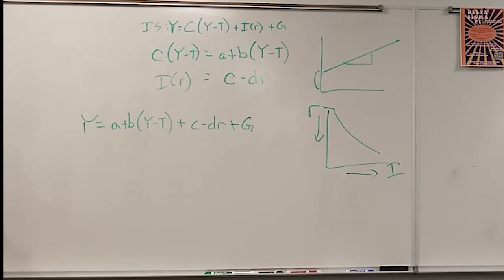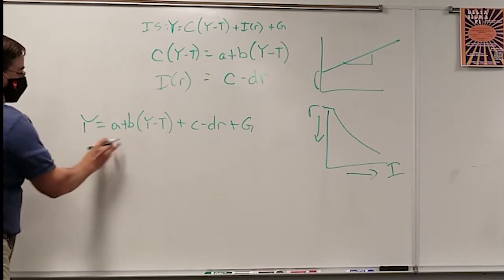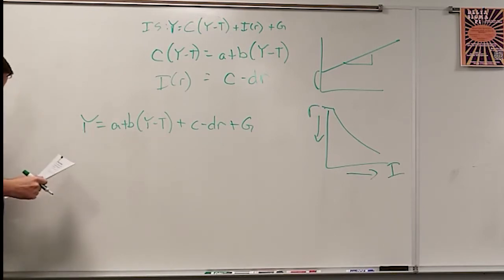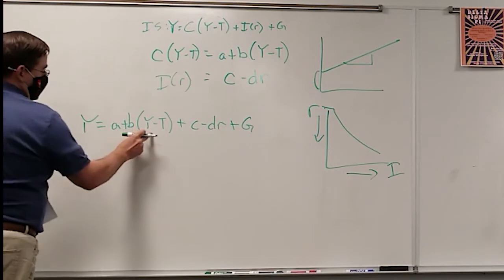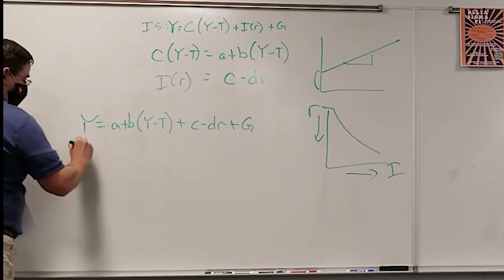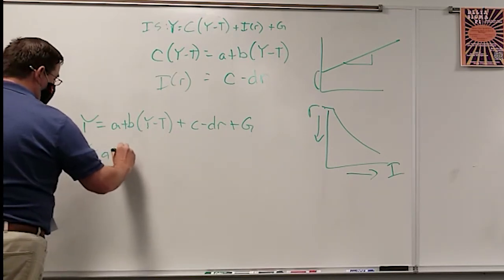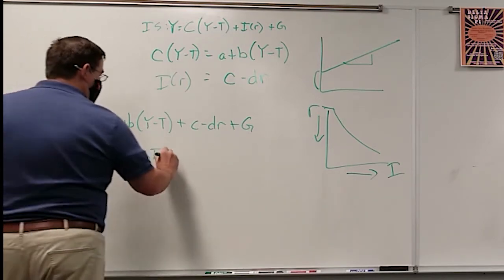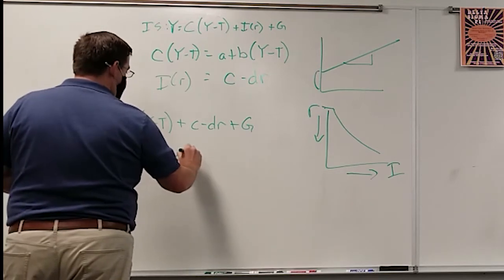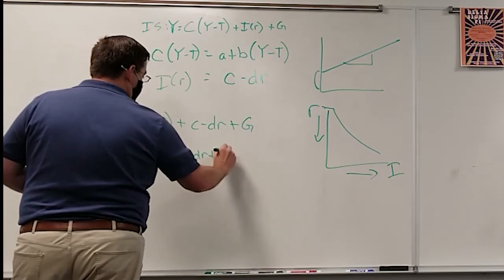What happens if I solve for y? Because right now I've got two y's in here. First I would have to move this chunk over here, right? Let me distribute the b first. So y equals a plus by minus bt plus little c minus dr plus g.